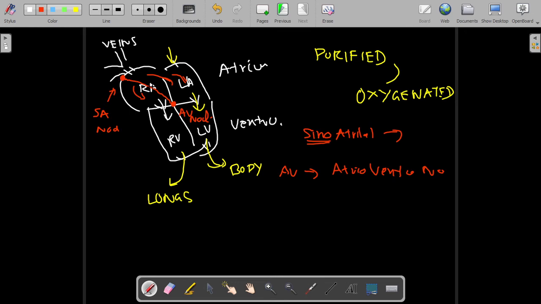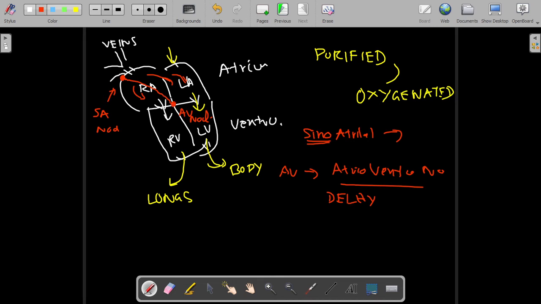By the time it travels from SA node to AV node, this causes the compression of your atrium muscles, thereby pushing the blood into the ventricles. The main purpose of this node is that it's a delay point. It gives some delay, thereby the impulse is getting delayed.